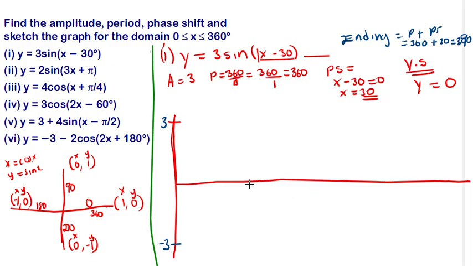So this tells me that the starting point, the phase shift, is 30, and it is ending at 390. Is it okay?